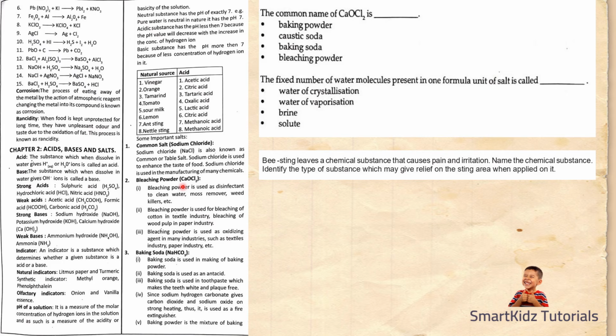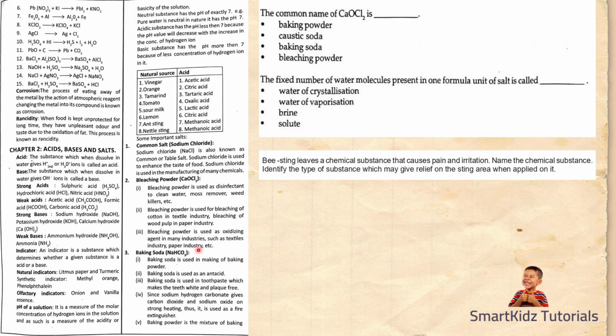After spraying, she scrubs it nicely with a broom, pours water over it, and then it becomes nice and not slippery. It is also used for bleaching of cotton in the textile industry, bleaching of wood pulp in the paper industry, and as an oxidizing agent in many industries such as textile and paper.